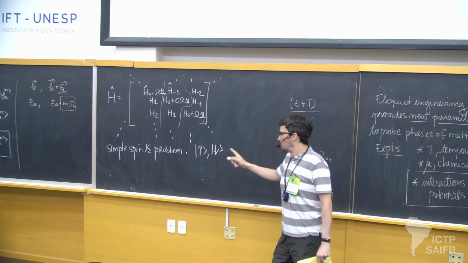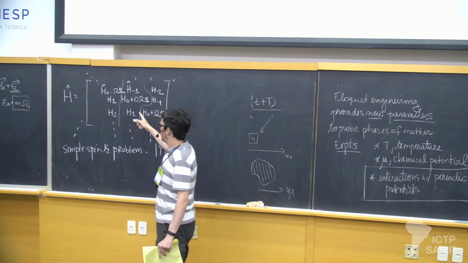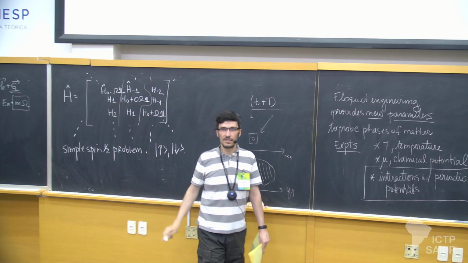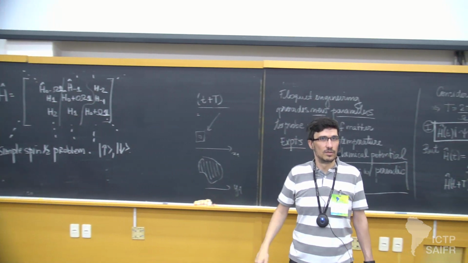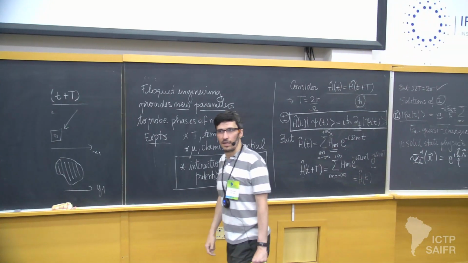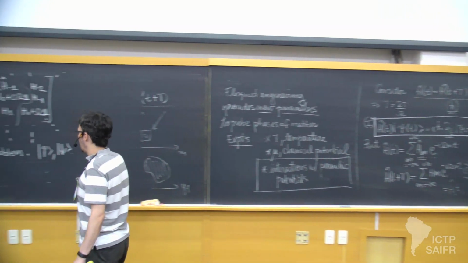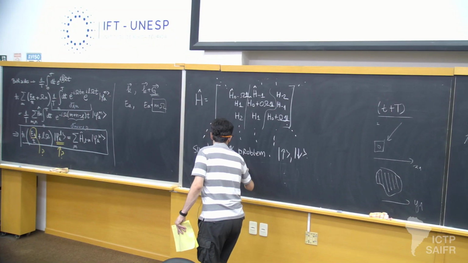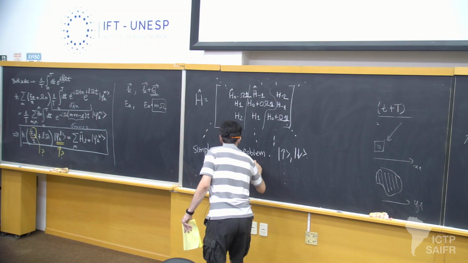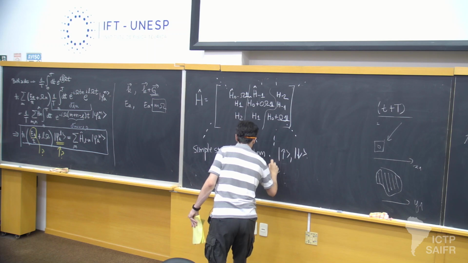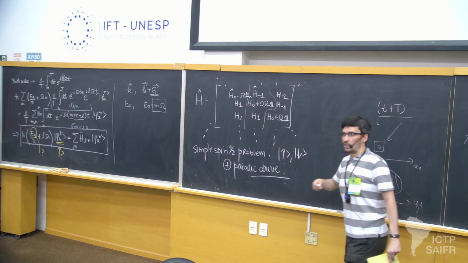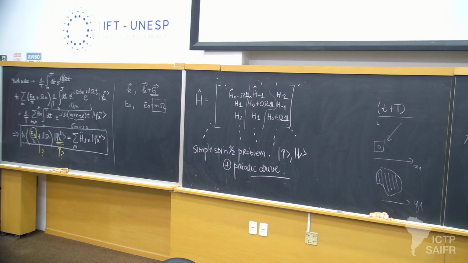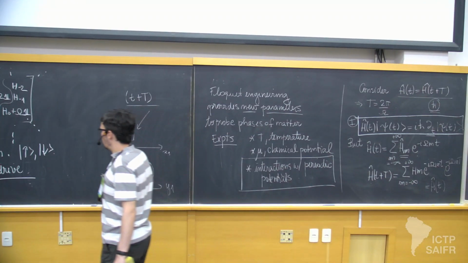But even for that spin half problem, it's not completely obvious that you're going to be able to diagonalize this gigantic infinite matrix now. This is the task that we have to do. We have a spin half problem plus a periodic drive. Something is driving the system out of equilibrium.